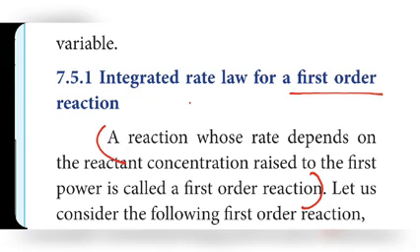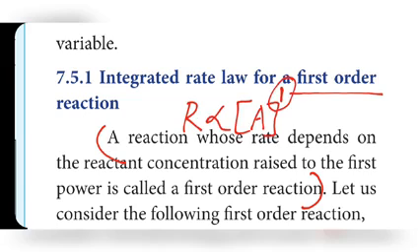What is first order? A reaction whose rate depends on the reactant concentration raised to the first power is called a first order reaction. For example, rate is directly proportional to the initial concentration of A. Power 1 means it is called a first order reaction.